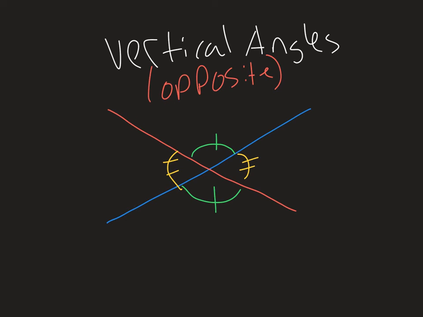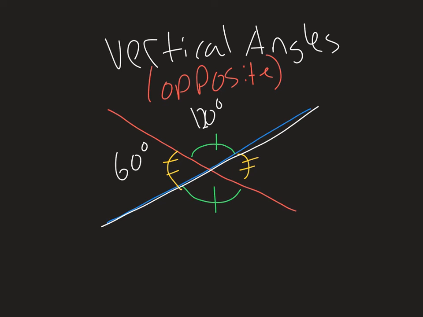For instance, let's say this first green angle here was 120 degrees. And then we know that the blue line is a straight angle, so that would mean this yellow one to the left of it would have to be 60 degrees to make this 180 degrees.